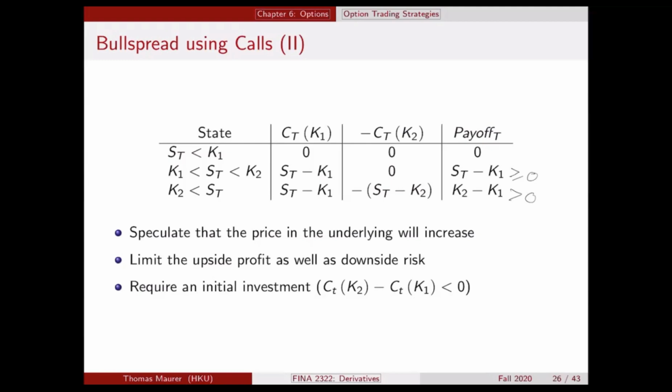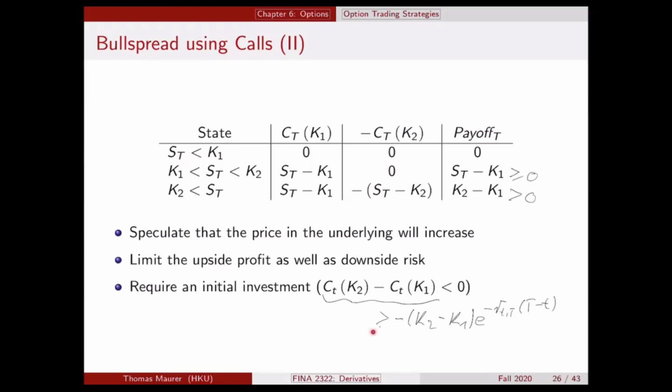And in particular, the initial cash flow, which is given by the call price which you receive from short selling the option with the higher strike price minus the call price which you have to pay for the option with the lower strike price, has to be less than 0, but also larger than minus K2 minus K1 discounted by the risk-free rate.